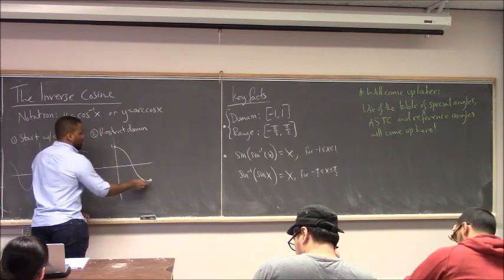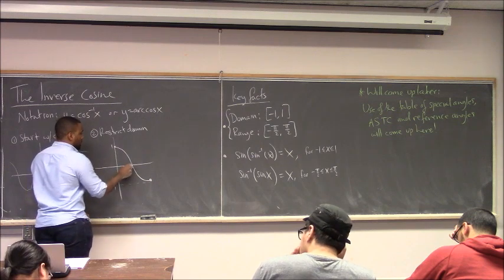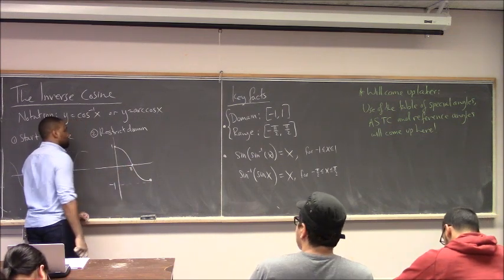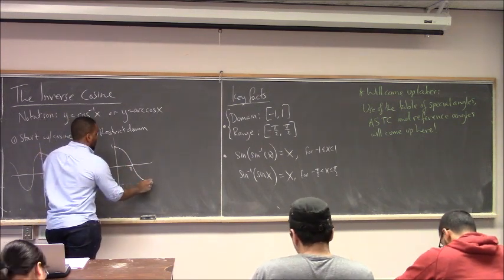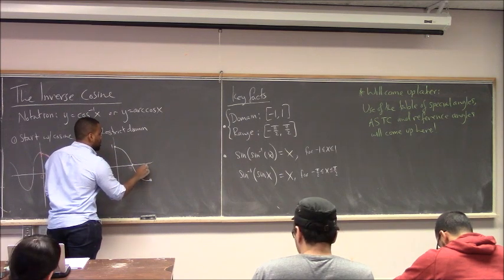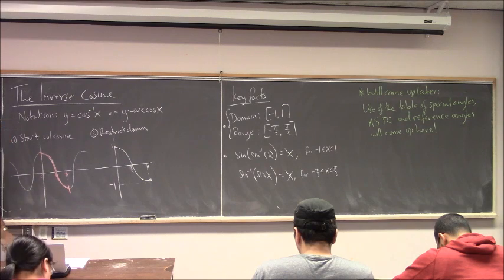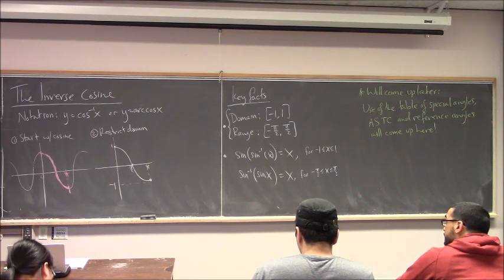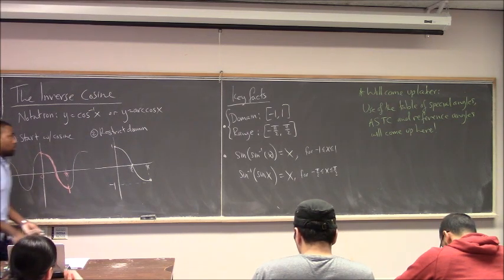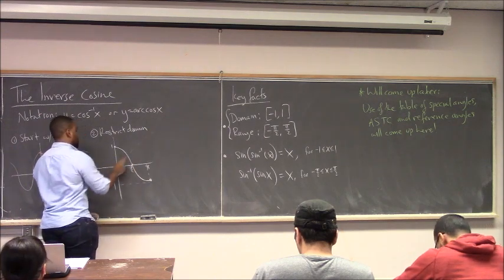Now this will be at 1, this will be at -1, this will hit pi, and this is, of course, pi over 2. And now what you, of course, do is you reflect in the line y equals x. So we're going to have this line y equals x.